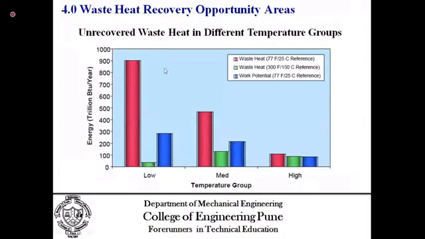As compared to the high temperature zone, I will not go into reiterating these things again. Comparing the low temperature and high temperature, you will notice that in the high temperature zone there is less scope for unrecovered heat, meaning most of the high temperature heat is recovered, even with the reference temperature, up to the extent of maximum possible work potential.